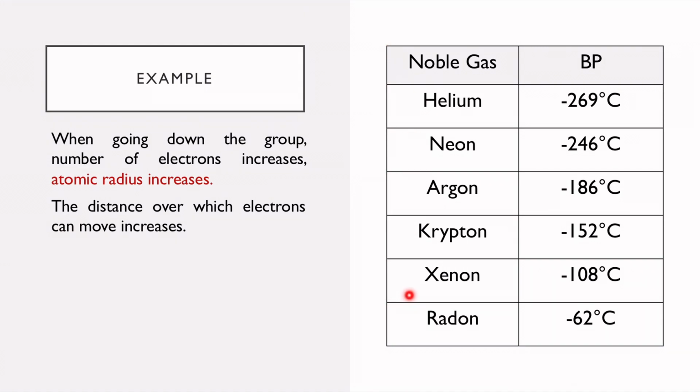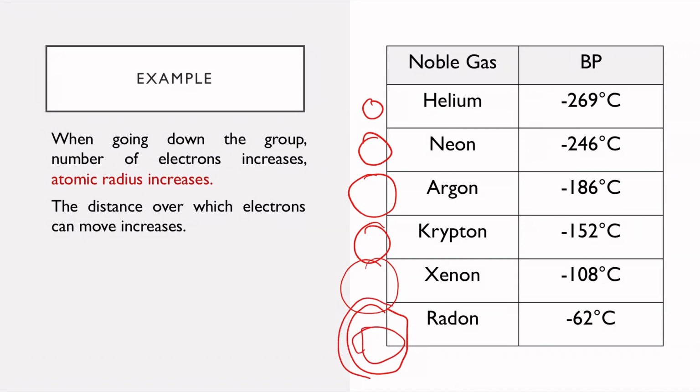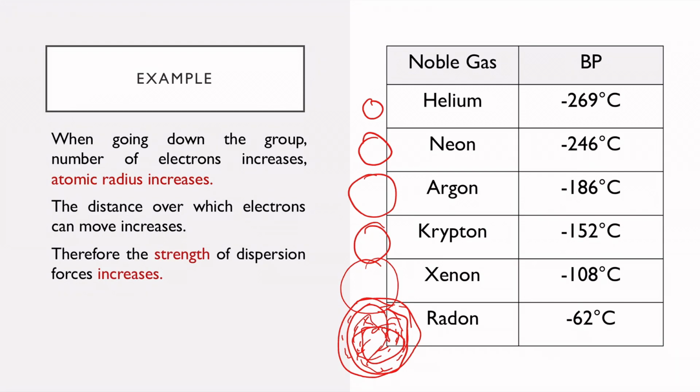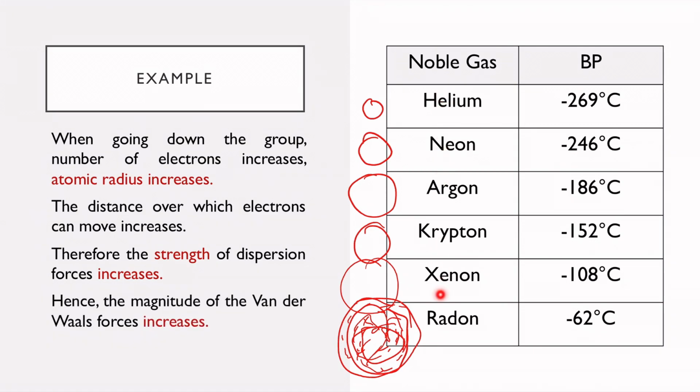Okay. So, size atomic size makin besar kan? So, makin banyak elektron kan? Lagi besar. So, dalam awak punya atom ni, it is much more distance for the electrons to move. So, therefore, the strength of dispersion forces increases going down the group from helium to radon.